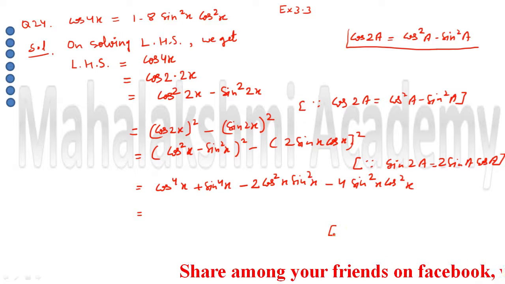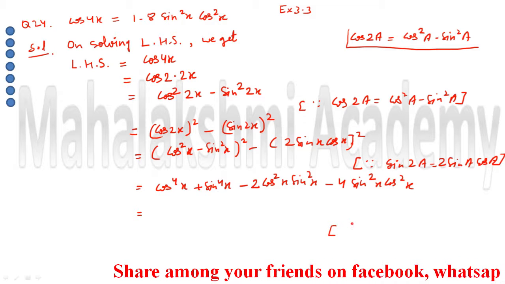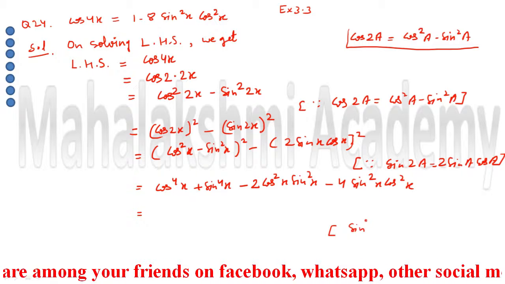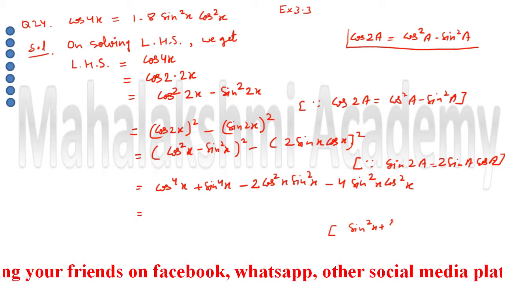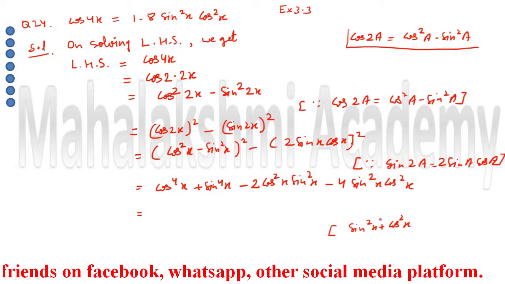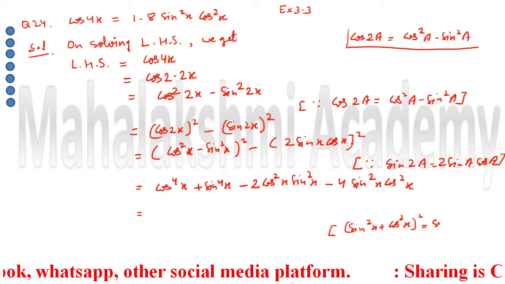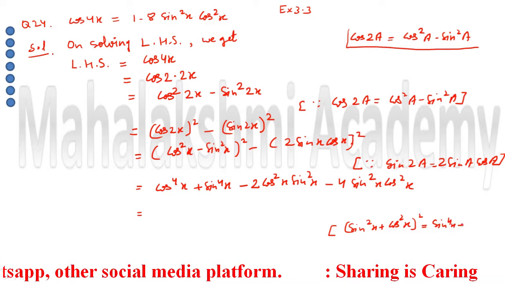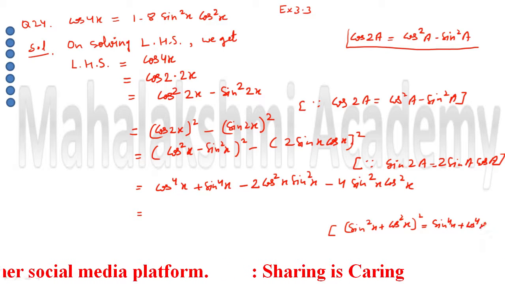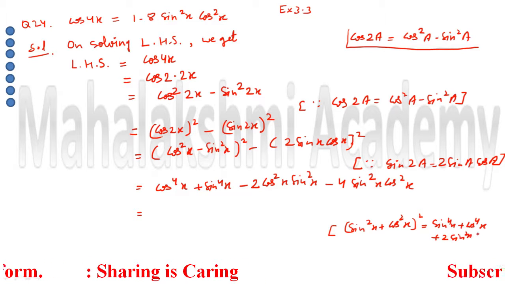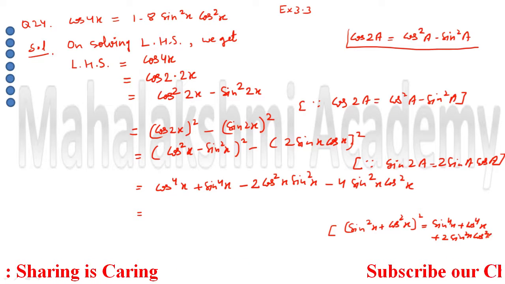I am going to use the formula sin square x plus cos square x whole square. So when we do the square here we will obtain sin 4x plus cos 4x, then plus 2 sin square x and then cos square x.